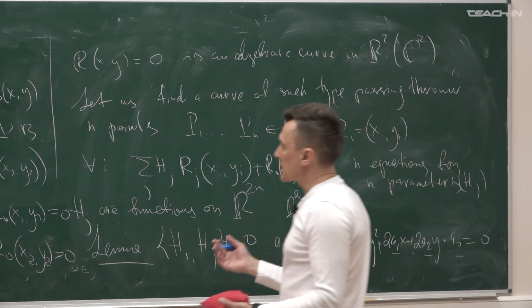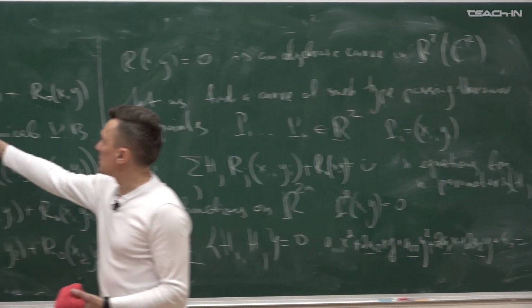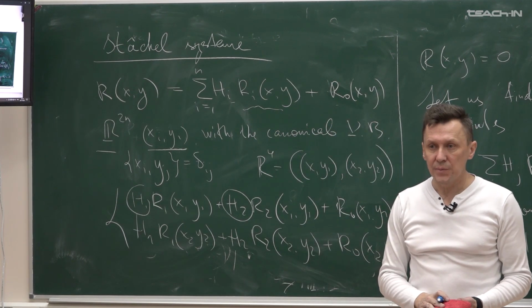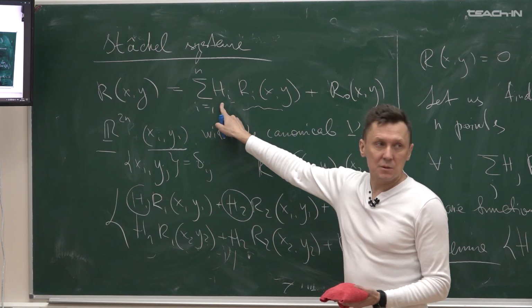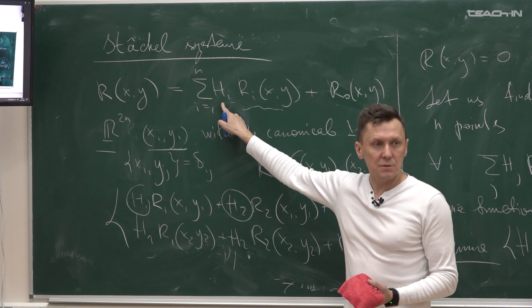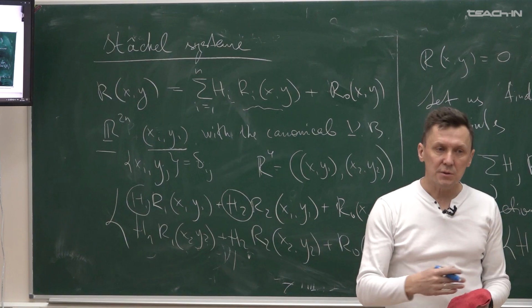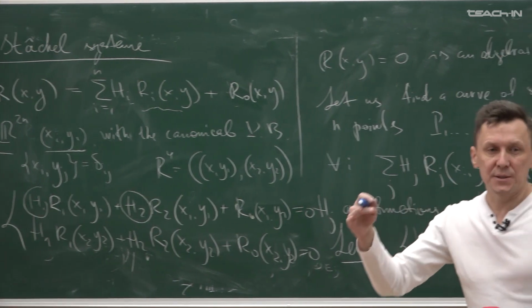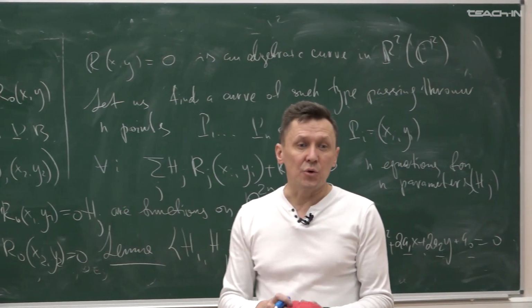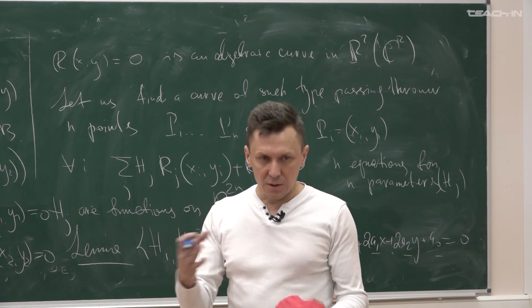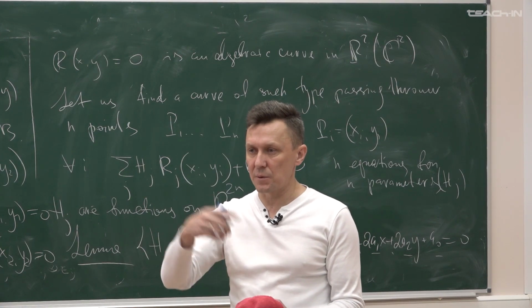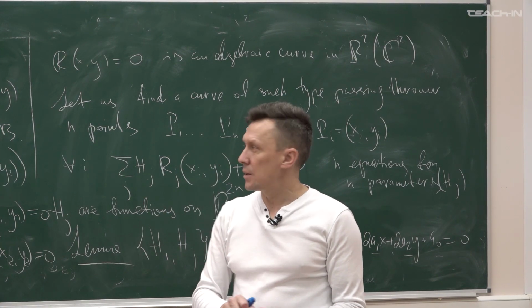Now we also have a linear family of curves defined by polynomial equations, an n-dimensional family of curves. And we impose that our curve passes through n points. It allows us to define explicitly the representative in this family of curves.